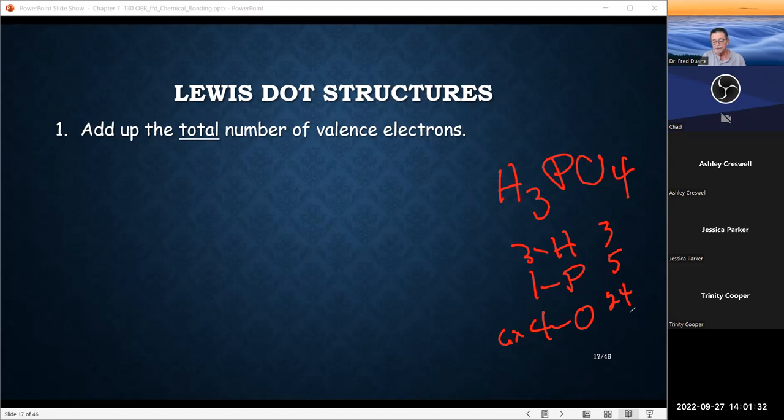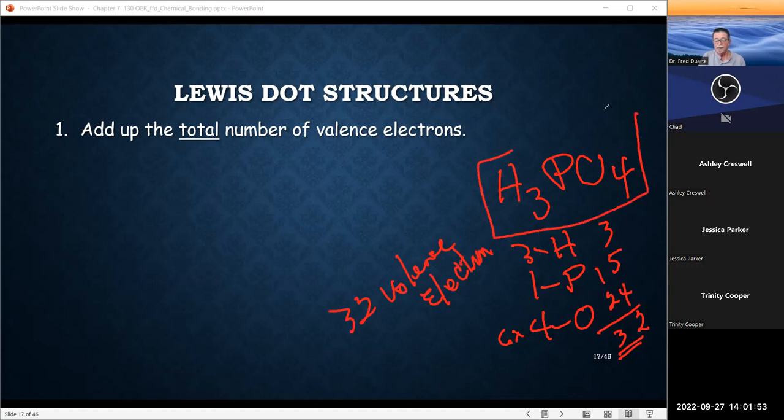And so we tally this up. We got 3 plus 5 plus 24, and there are a total of 32 valence electrons involved with this particular formula right here.